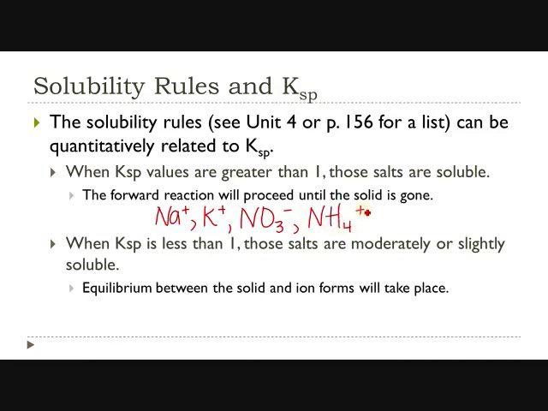So those compounds that contain those ions are very soluble, so they won't have a KSP, basically, because we already know that they won't be at equilibrium, where some is dissolved and some isn't. They will always just fully dissolve. Okay, so the forward reaction just goes all the way.